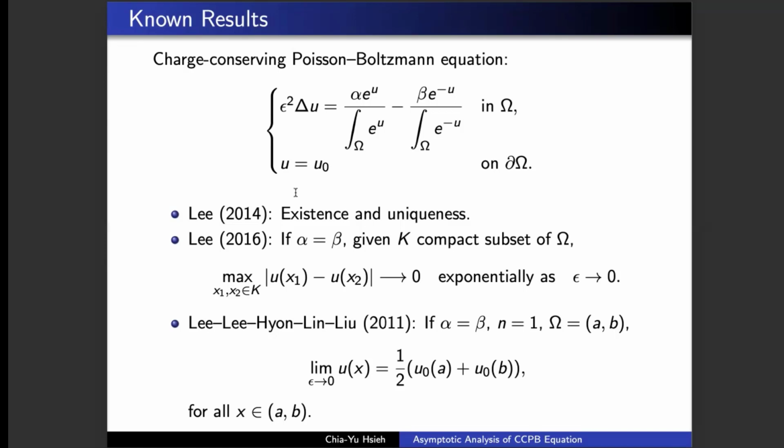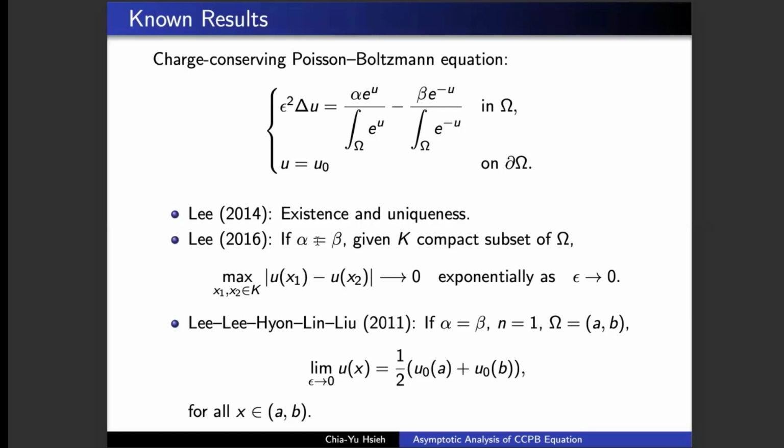As for the asymptotic behavior, we focus on the case alpha equals beta, that is the total electroneutrality. The assumption is natural because if we just have a container with ionic solution inside, then it is automatically electroneutral in total.